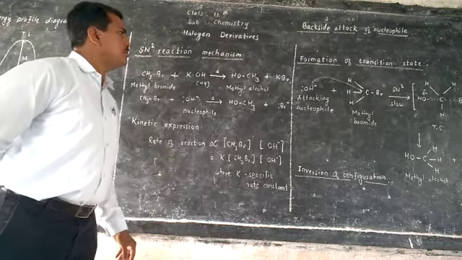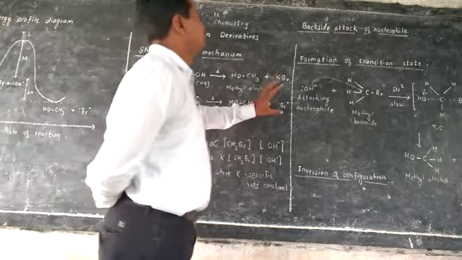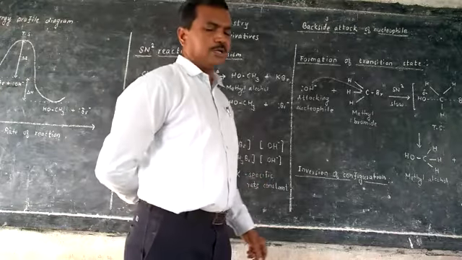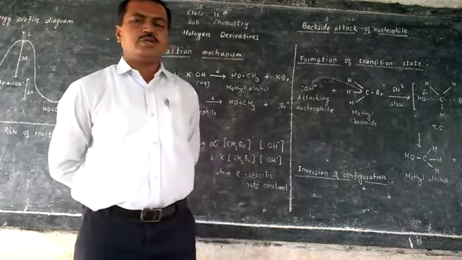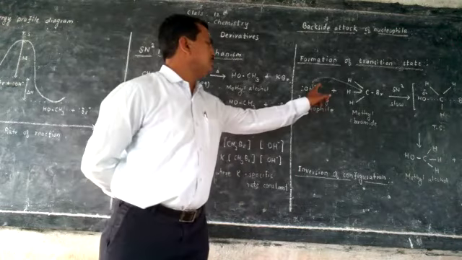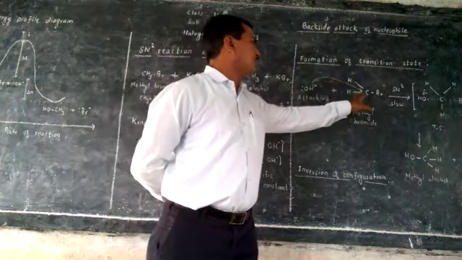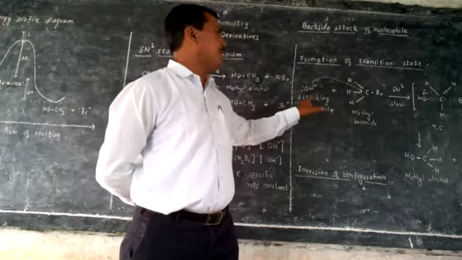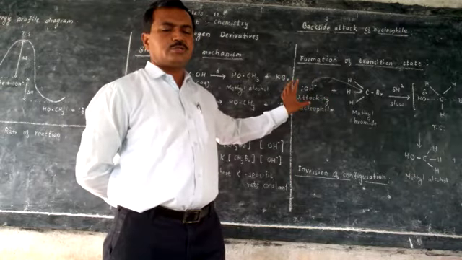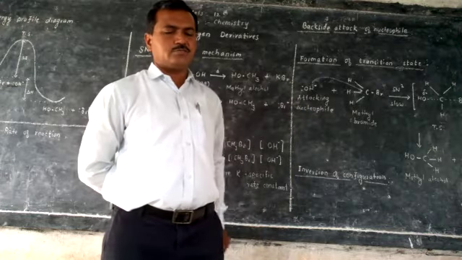Then the steps of mechanism. The first step is backside attack of the nucleophile. In SN2 reaction, the nucleophile OH negative attacks the carbon atom of methyl bromide from the backside, because here OH and Br both are negatively charged.